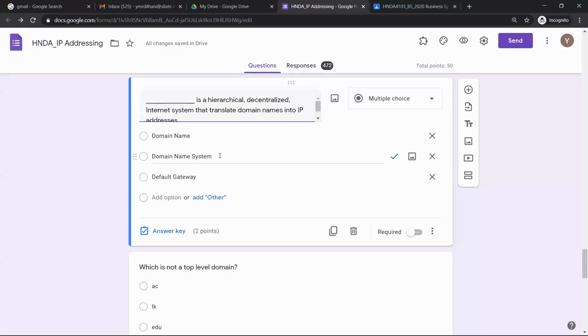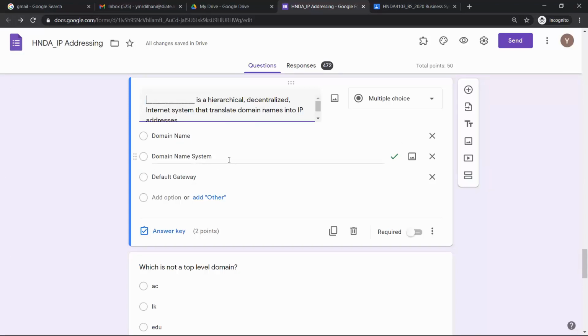So there you have the .com domain name, right? Using that domain name, you can easily use the internet or any other service instead of remembering IP addresses. So what this domain system does is it will translate domain names into IP addresses, right?